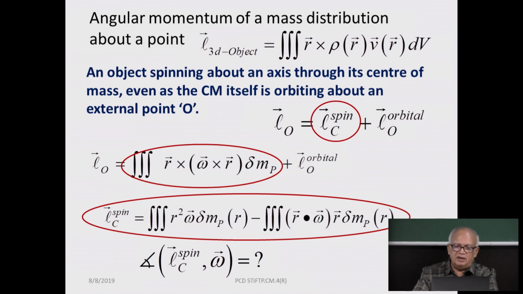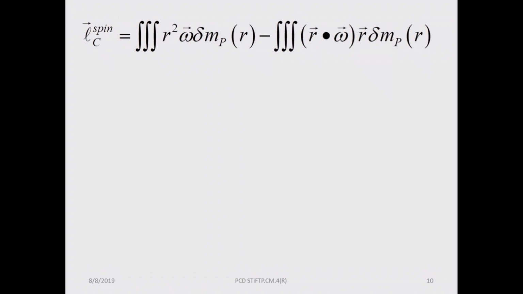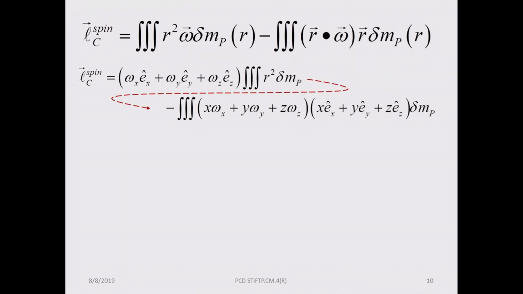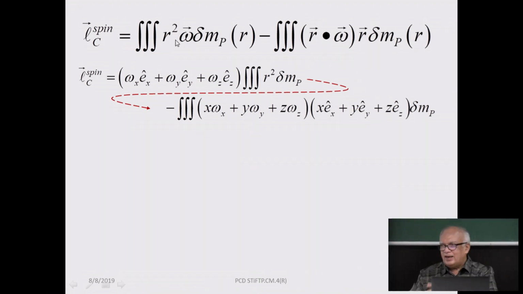Okay, so there can in general be an angle between these two, and we have to handle these two terms carefully. So the first term, you have got r square, which is like x square plus y square plus z square, if you like, in Cartesian geometry. And in the second term, you can expand this r dot omega as the sum of the product of the corresponding components, right? And then you have got the position vector r, which is expressed in a certain coordinate system Ex, Ey and Ez.